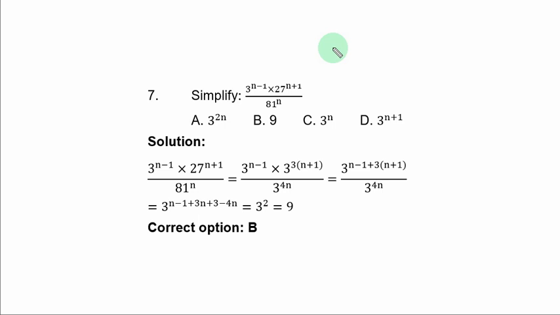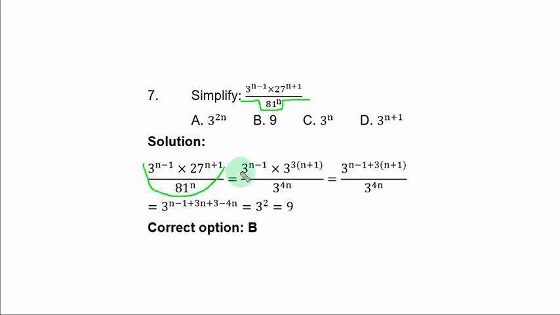Question 7. Simplify 3 power n minus 1 times 27 power n plus 1 over 81 power n. This is an exponential problem. So looking at the bases, the lowest base is 3. So you express all the bases in base 3. So this is the problem.